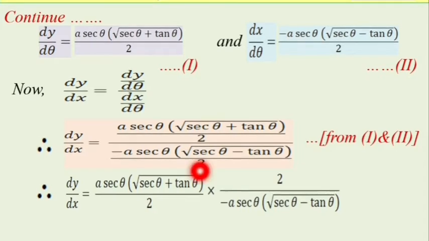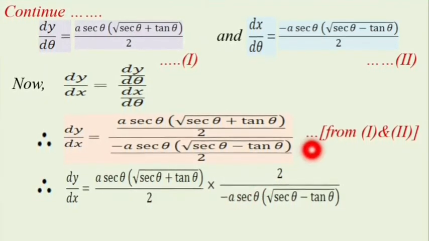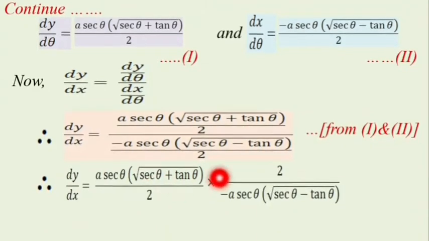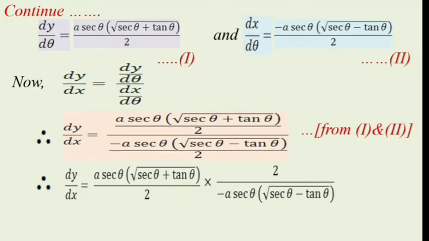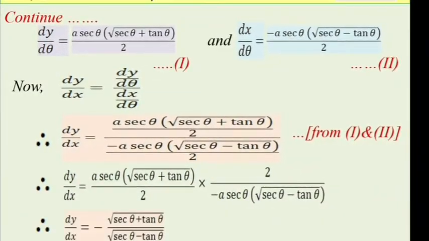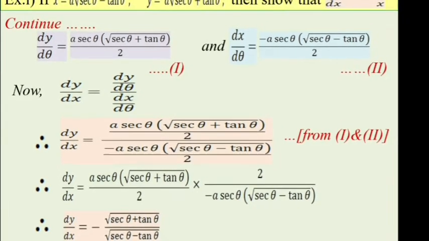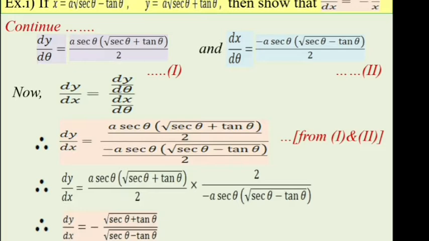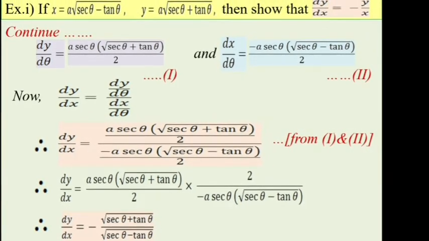Here again a sec theta and a sec theta cancel, and 2 and 2 in the numerator and denominator also cancel, and therefore only remaining is dy by dx equal to minus root of sec theta plus tan theta whole divided by root of sec theta minus tan theta. That is the derivative of y with respect to x.